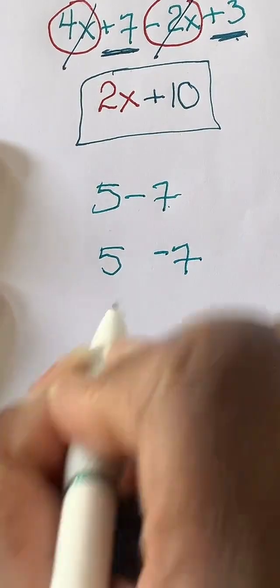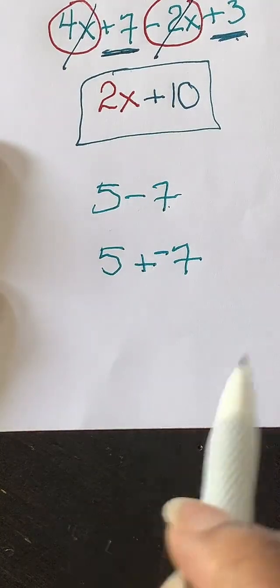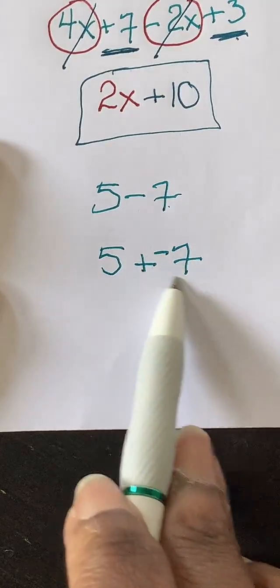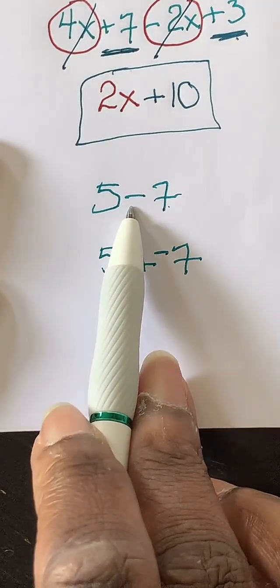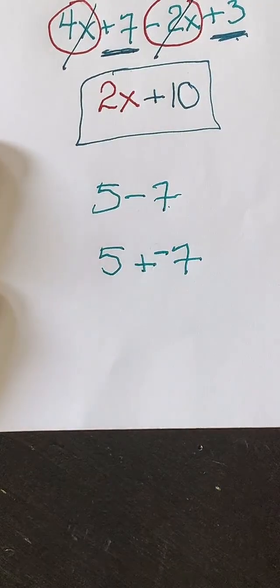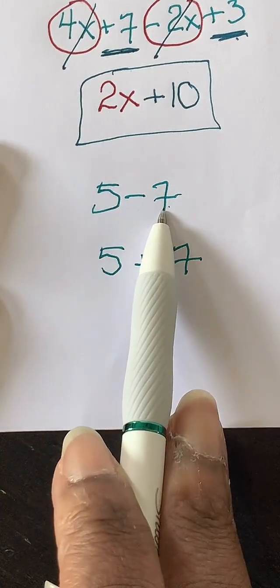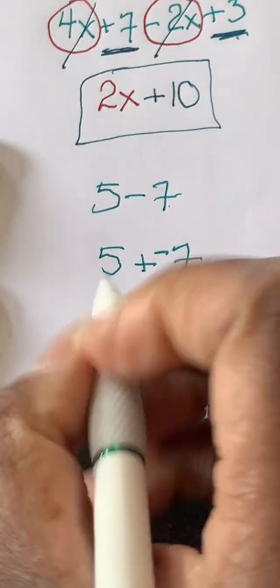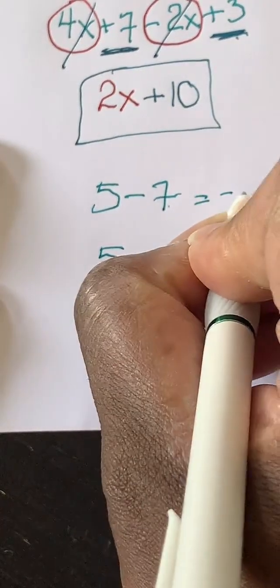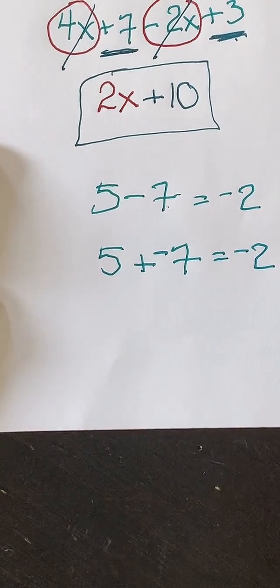And what are you doing with those two numbers? You're trying to add them together. So if you think of it as a negative 7 or you're taking a number minus a 7, they're basically the same thing. Something has got to go. If you have $5 and you want to buy something that costs $7, baby, that means you are short $2. And you're going to be short no matter how you present it.